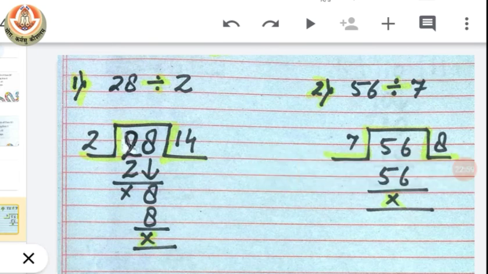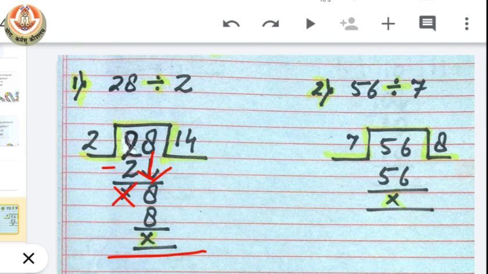First we take only one digit. 2 into 1 gives 2. When we subtract 2 from 2, we have nothing. Now we take the next digit, 8. 2 into 4 is 8. When we subtract 8 from 8, we have nothing in remainder. So our answer is 14.